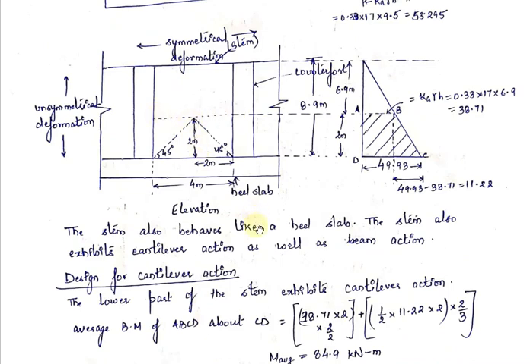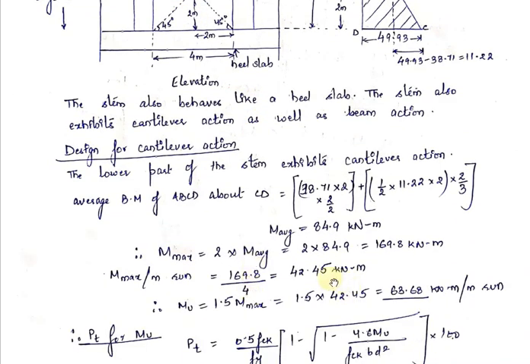Therefore, for per meter length, it will be divided by 4. So the maximum bending moment per meter run will be 42.45 kilonewton meter. Therefore, ultimate moment will be 1.5 into M max. Just multiply M max with the factor of safety. So M ultimate will be 63.68 kilonewton meter per meter run.